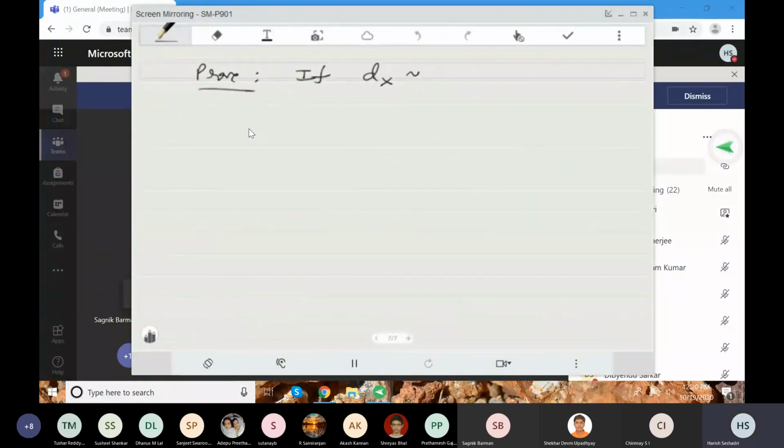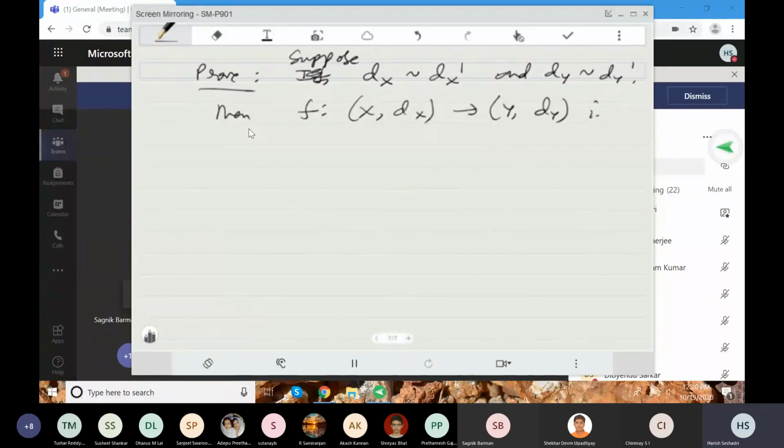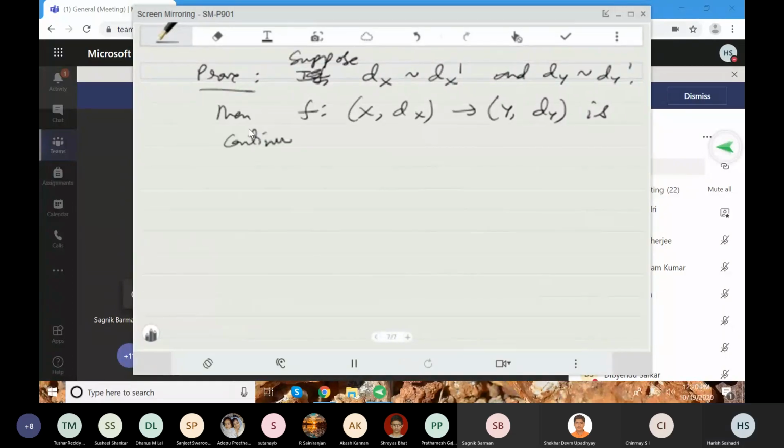Suppose dx is equivalent to dx1 and dy is equivalent to dy1, then f from dx to dy is continuous if and only if f from dx1 to dy1 is continuous.